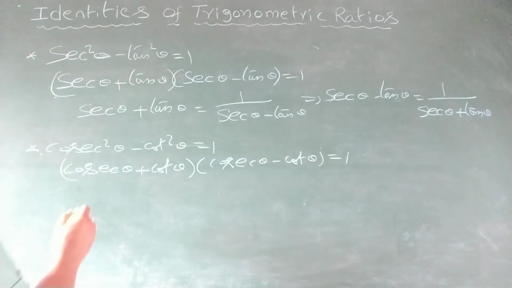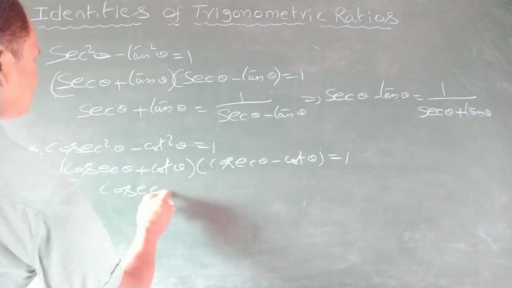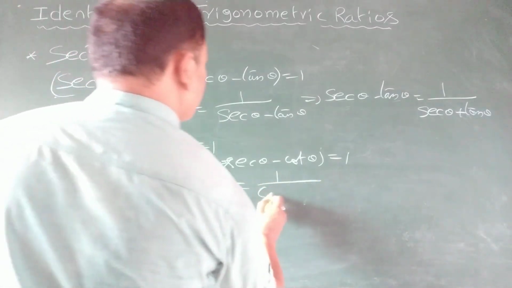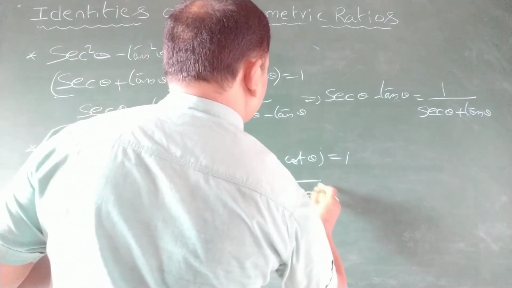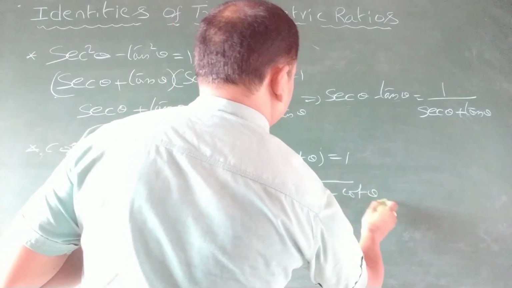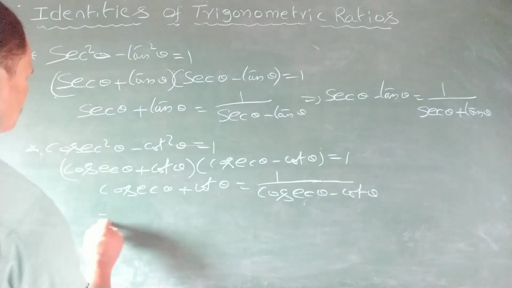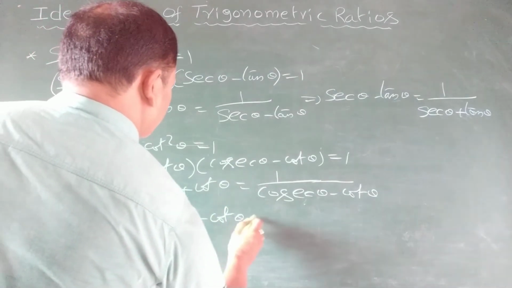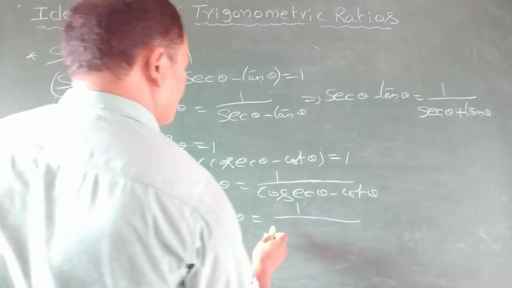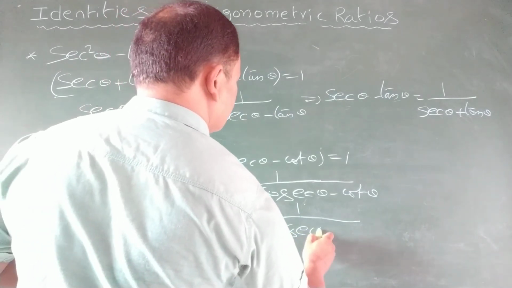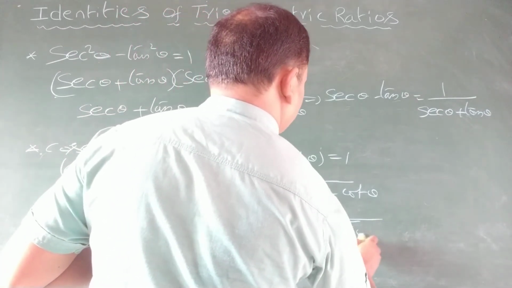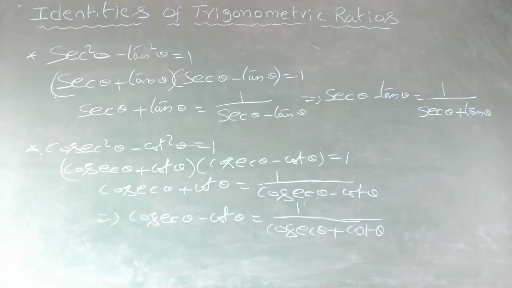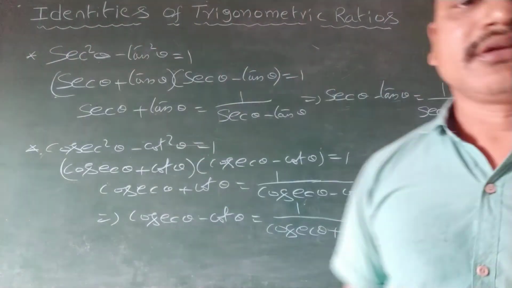So cosecant theta plus cot theta is equal to 1 by cosecant theta minus cot theta, and cosecant theta minus cot theta is equal to 1 by cosecant theta plus cot theta. So these are reciprocal to each other. Write it fast.